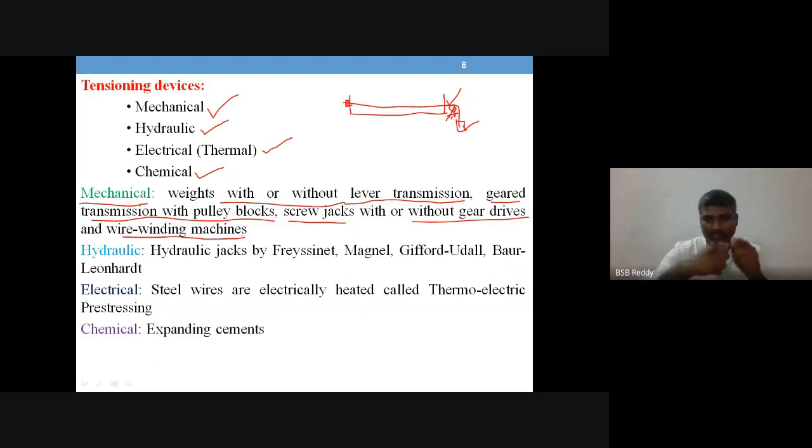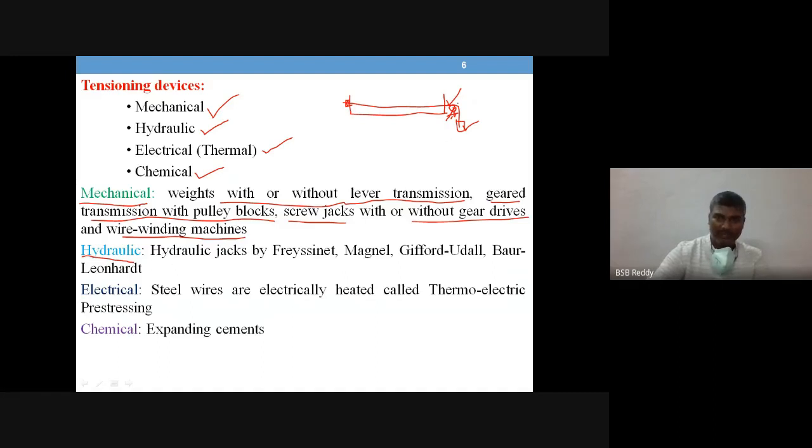The tension that is induced into the steel is transferred to the concrete as compression. Right, let us see hydraulic tensioning devices. Those were mechanical tensioning devices.